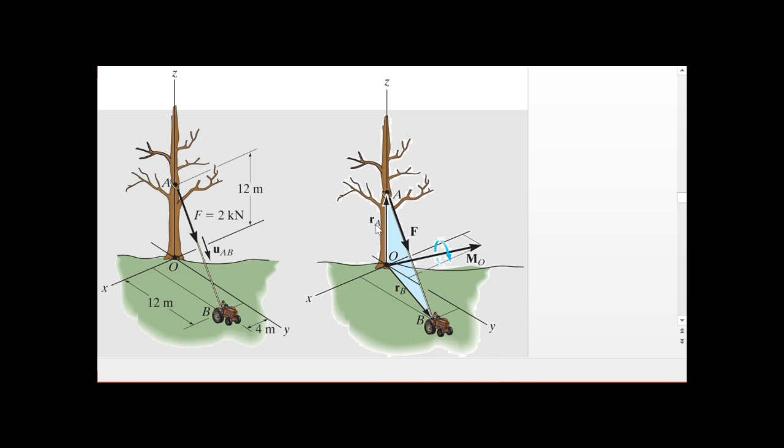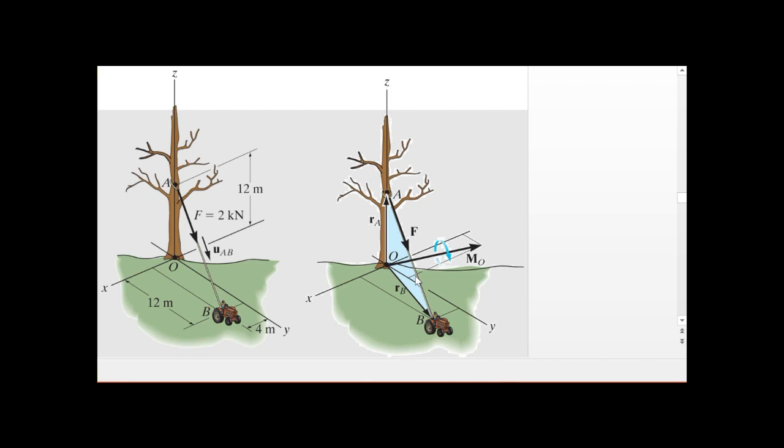So you can calculate RA cross F, or you can calculate RB cross F. When we do that, we should be able to get the same moment MO, the moment about point O that the tractor is applying to the tree. So how about we go ahead and do that?